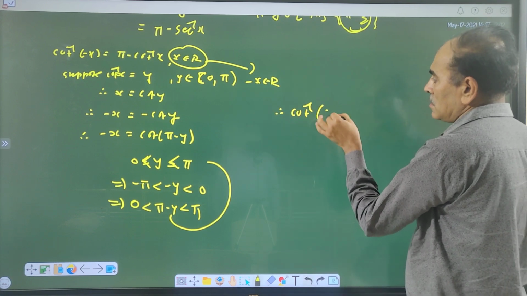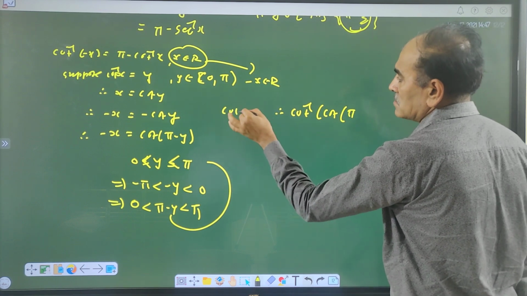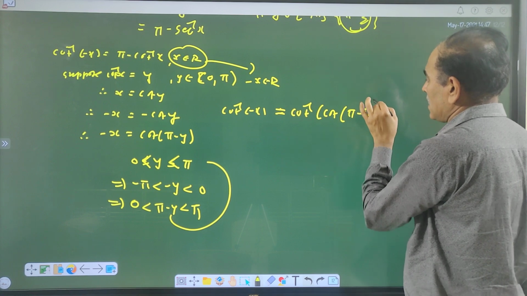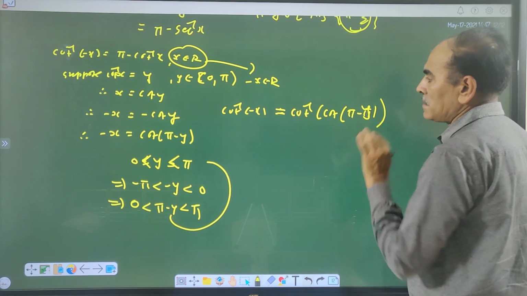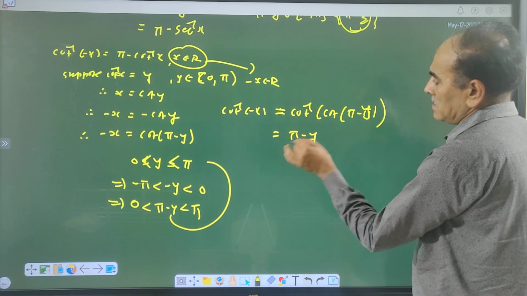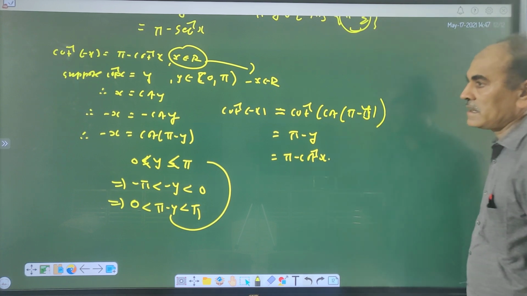So cot inverse of cot of minus x... cot inverse of minus x is equal to cot inverse of cot of pi minus y. So that is equal to pi minus y. So that is equal to pi minus cot inverse x.